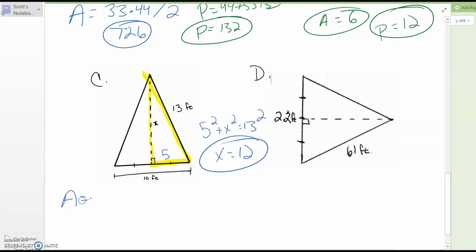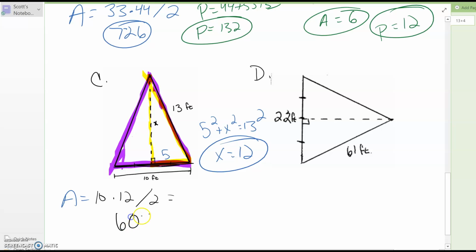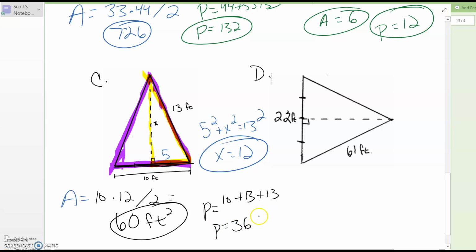But your area, then for the area, I would do 10, because I need the whole base here, times 12 divided by 2, which would be 120 divided by 2, which is 60 feet squared. Perimeter would be 10 plus 13 plus 13, 26, which would be 36 feet.